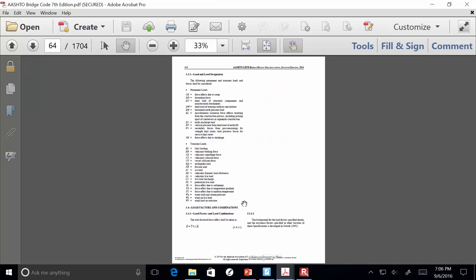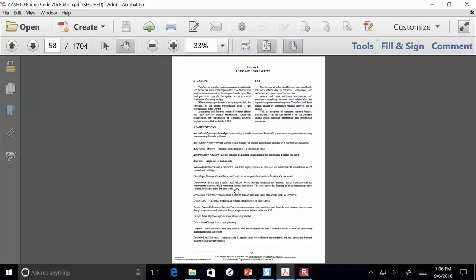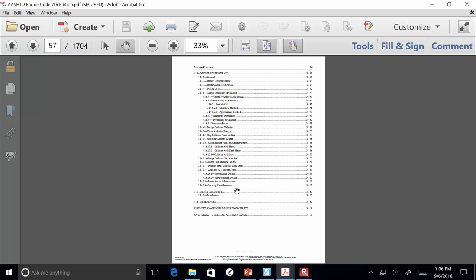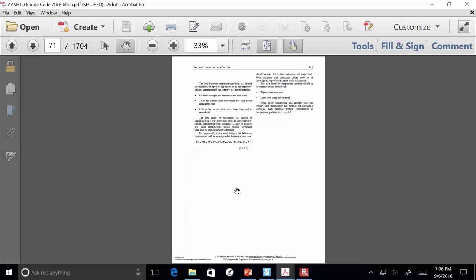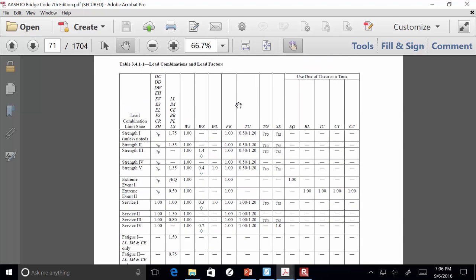So, okay. So what I'm looking at is section 3. Okay. So you all have this, right? All right. Now, first off, we looked at this last time, right? Those were the actual load combinations, you know, where we got the 1.75 times the live load and all that.